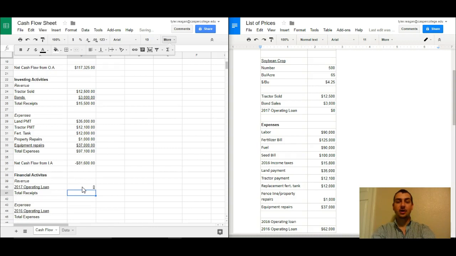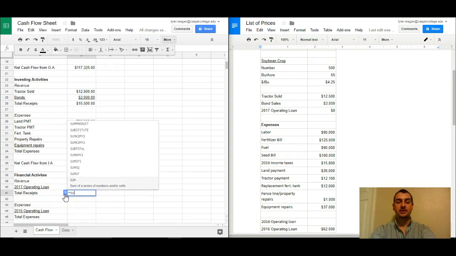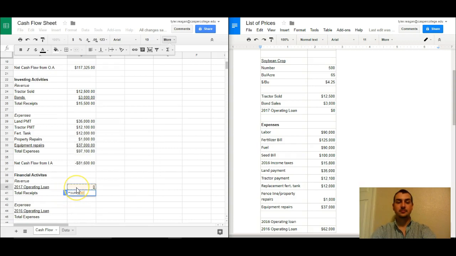Now that is the only revenue under financial activities, because financial activities are often dealing with loans for operating, or loans other than loans for assets. So in this case, the operating loan is going to be the only revenue stream for these financial activities. So again, we want to say equals sum. Click on that cell, close parenthesis.